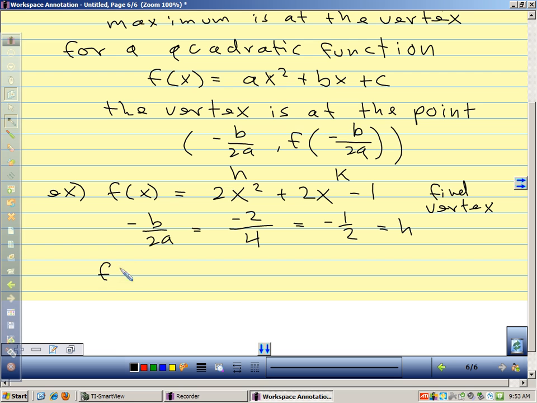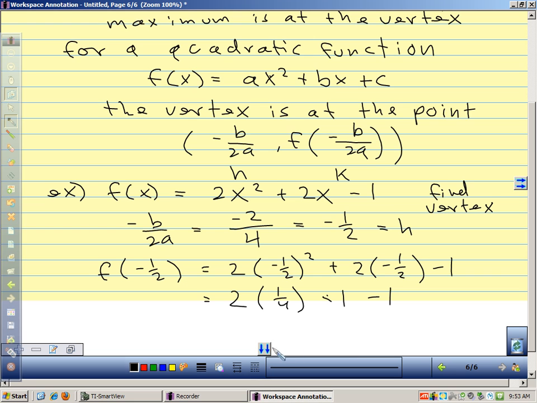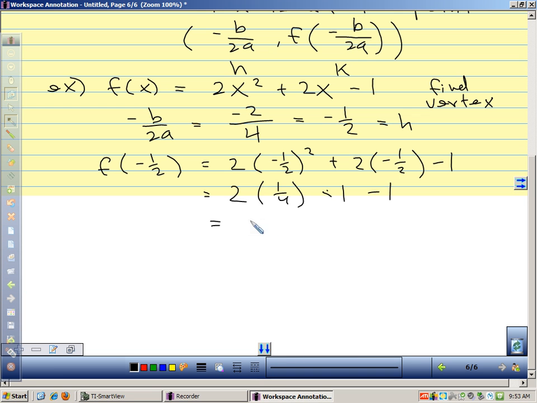So f of negative 1/2 equals 2 times negative 1/2 squared plus 2 times negative 1/2 minus 1, which is, 2 times negative 1/2 squared is 1/4. 2 times negative 1/2 is minus 1, and we subtract 1, so I get 1/4 minus 2, which is 1/4 minus 8/4, so I get minus 7/4.